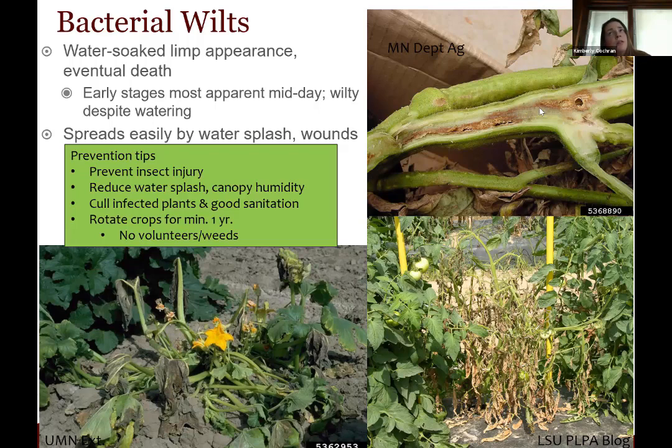Bacterial wilts, to me, usually look more brown in the case of vegetables. And if you cut it the other direction, longitudinally, you'll still see this kind of brown discoloration in some of the vascular bundles. So that's another quick tip on checking your sickly plants for bacterial problems.